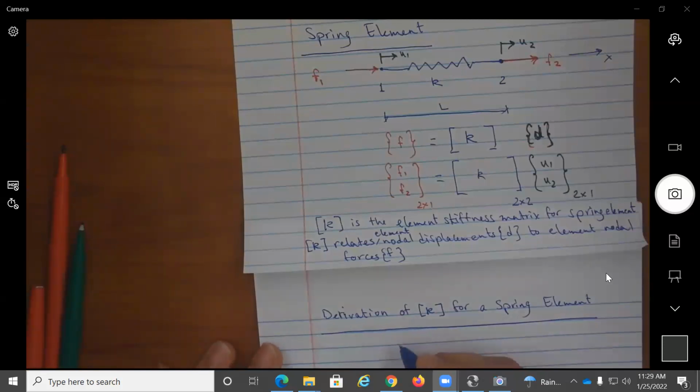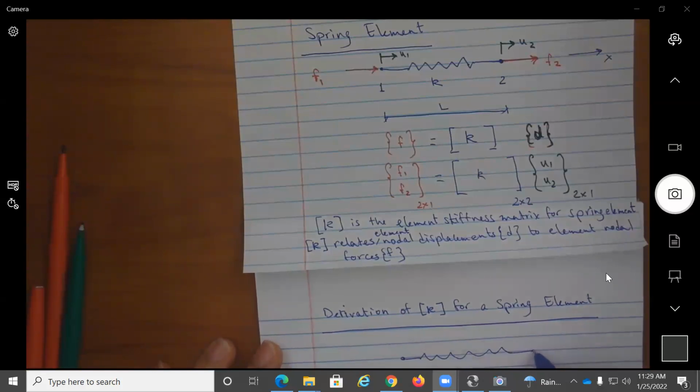And for that, we're going to use our prior knowledge. I'm going to take this spring and load it in tension. So you see here, the spring is loaded in tension.